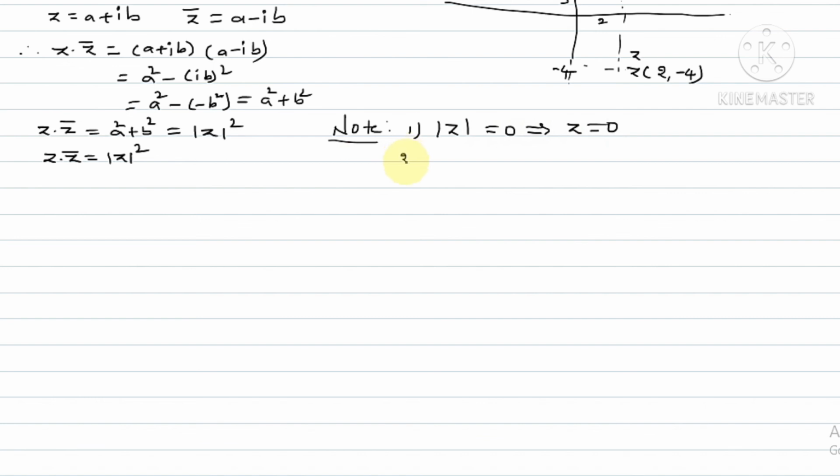Clear? See, z equal to a plus iota b, which implies the mod z value, that is the modulus value, is square root of a square plus b square, and here modulus of minus z, this value is also square root of a square plus b square. What is z bar? Z bar value is a minus iota b.